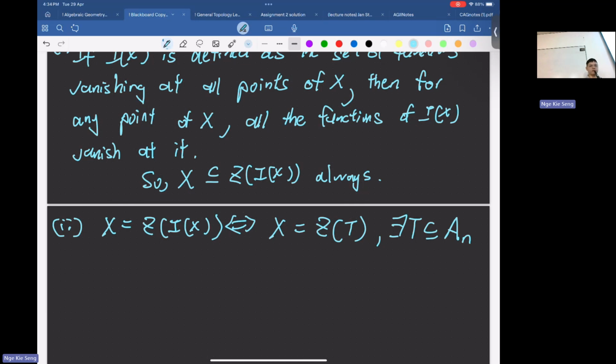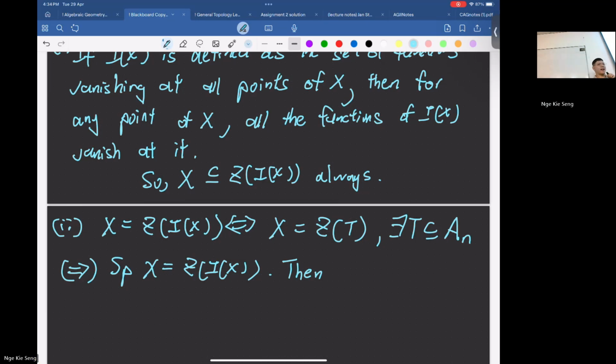Okay, so there are two directions here. Let's go from left to right first. So suppose that x equals Z of Ix. Then, is it an algebraic set or not? Of course. Why?